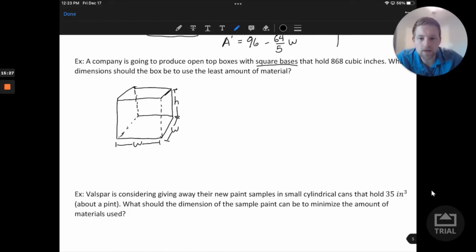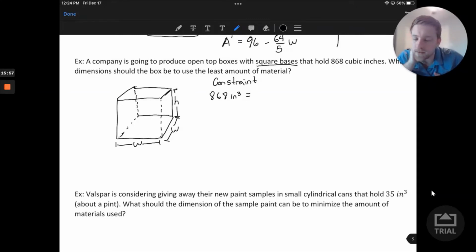So let's consider first how we would think about the constraint. The constraint is what information they give us. So they give us that our box can hold 868 cubic inches. So 868 cubic inches is going to be the volume of this box.